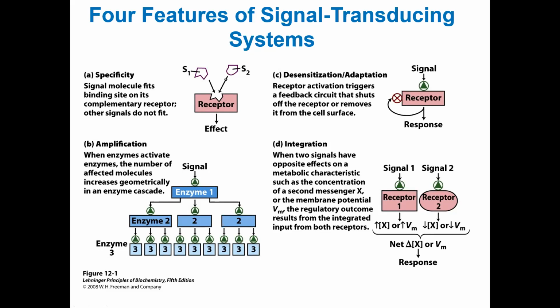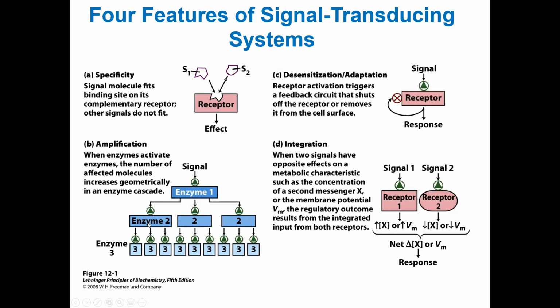Typically, the signal will bind to the first enzyme in the cascade, and that enzyme will create its own signal. You can see that enzyme 1 is able to create three signal molecules, as shown here in the green triangle in a circle. Those will bind to, let's say, three molecules of enzyme 2.